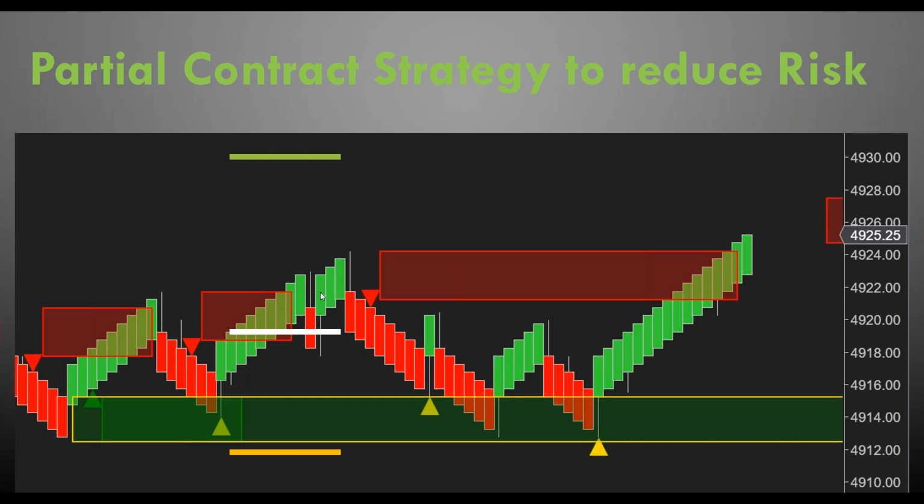Let's say the price moves in your favor, you have to move your stop loss either to the next demand level or just above your entry price, so that you are at break even. Once you reach break even, you're not going to lose anymore. That's the very first goal. The very first goal is to protect your capital before making more money. The immediate goal is always to protect your capital before making the money.